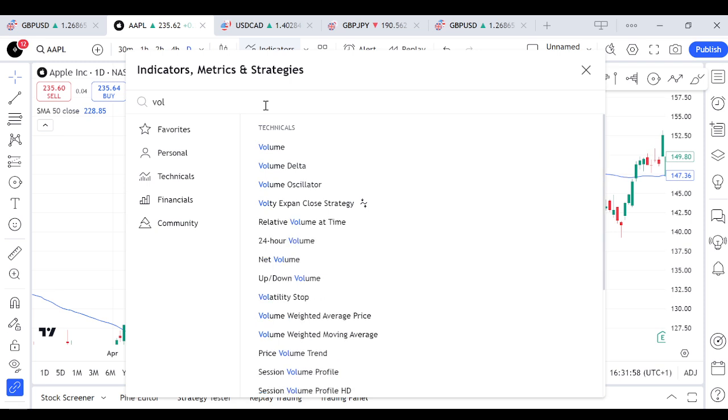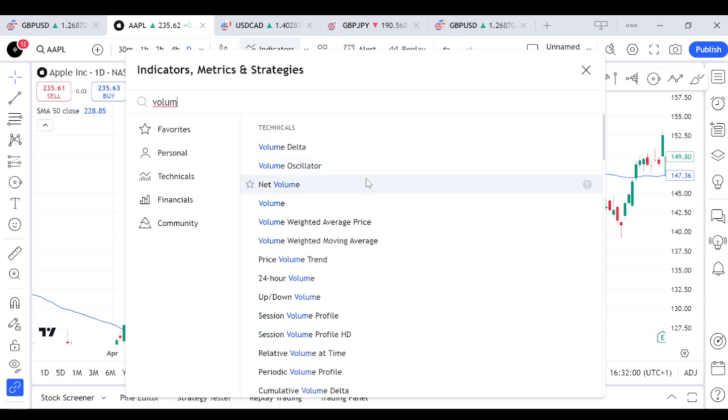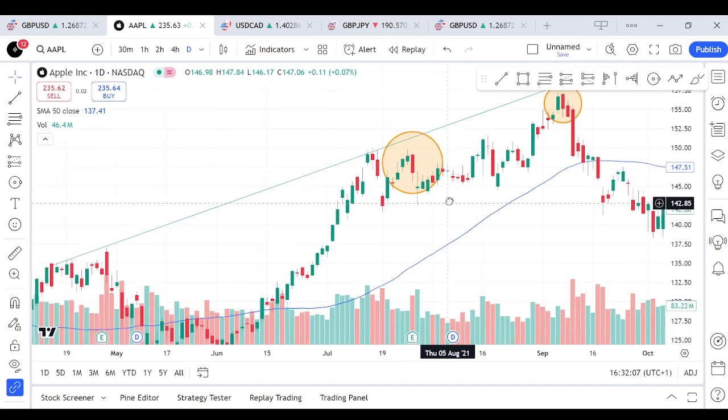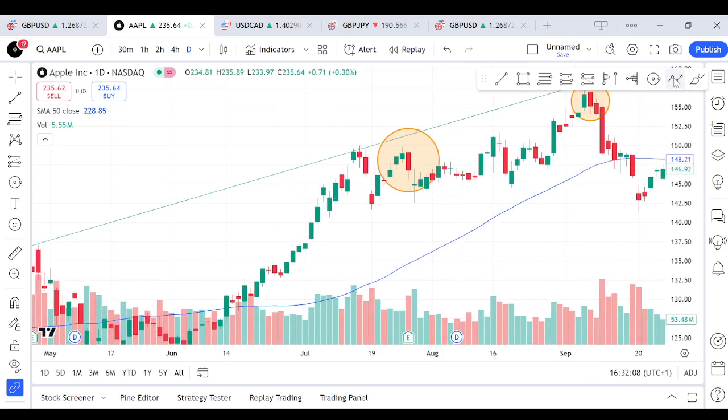I'm just going to add the volume indicator here to see where the smart money is entering the market. You can see around this time we had this bearish belt hold.